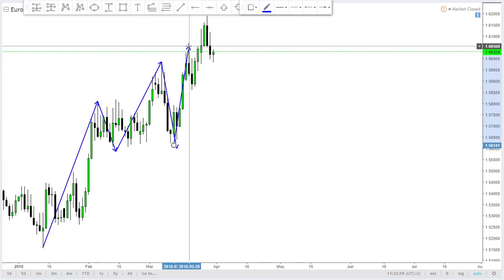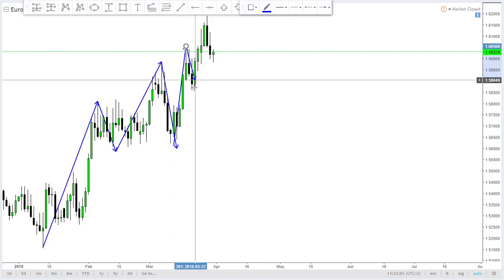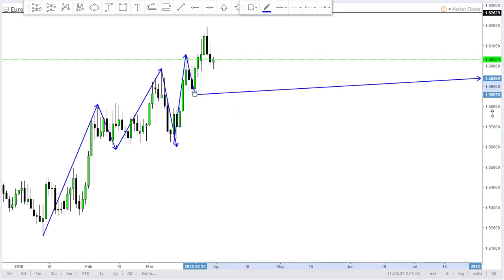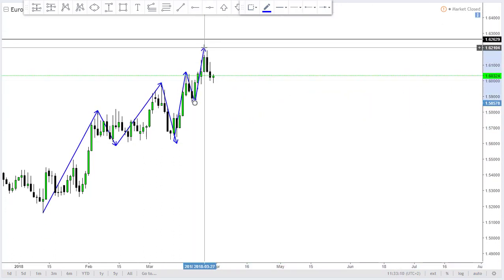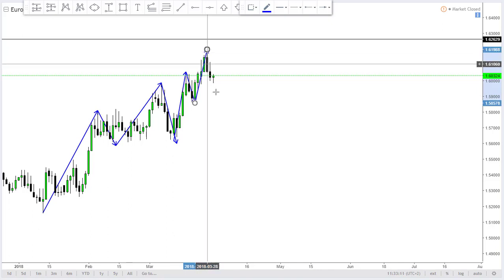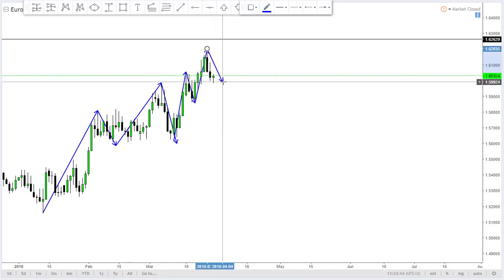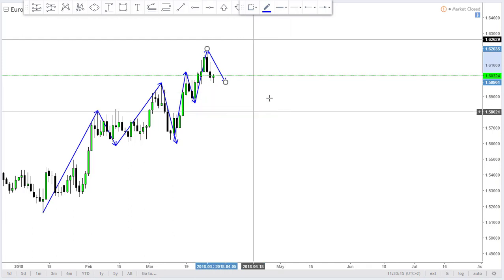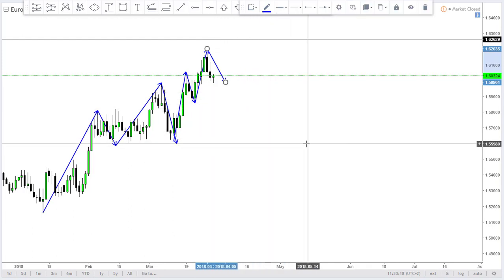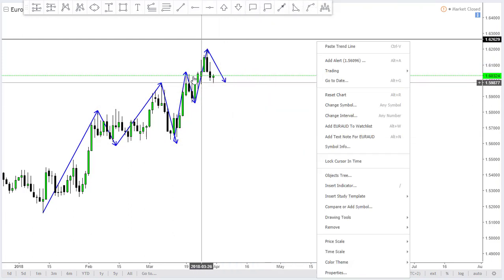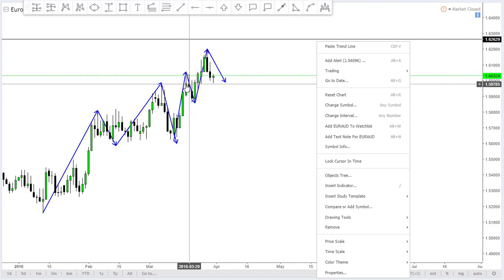Then we have a higher high, then we have a retracement, excuse me guys, we have a retest followed by an extension, then now we are retracing back to these levels of structure, previous resistance right here.